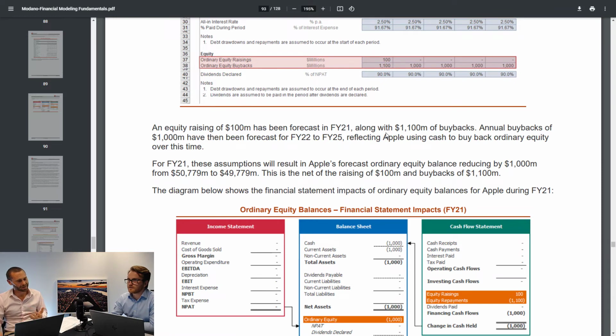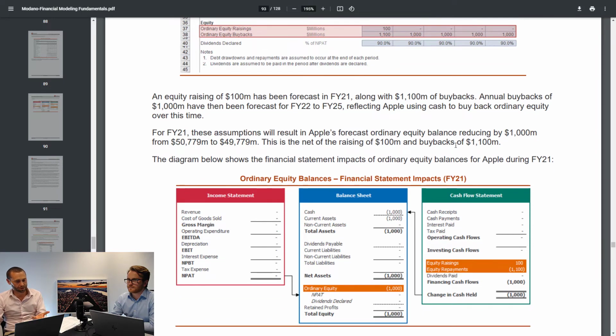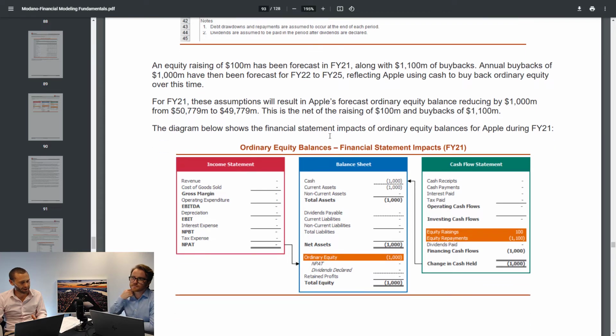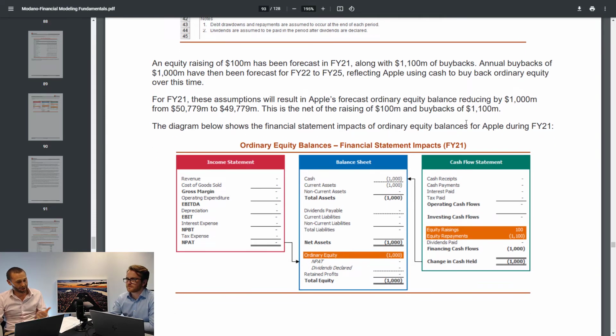Now, this is ignoring that huge complexity of Apple, which is that their book value of their shares is X, and the market value of their shares is Y. We're just keeping it simple because that's a whole new can of worms. It's fun stuff. It's worth researching online, but for most companies we've modelled, you don't have to worry about that as much as Apple. So here, for FY21, these assumptions have Apple's forecast equity reducing by $1 billion from 50,779 to 49,779, which is net raisings of 100, buybacks of 1,100.